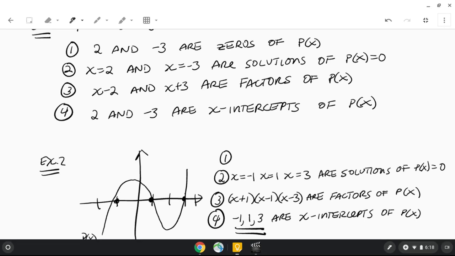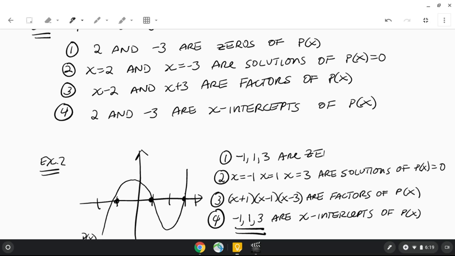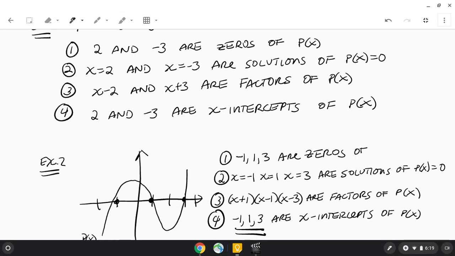Okay. And so the zeros, the solutions, and the x-intercepts are all the same thing, right? So we can say negative 1, 1, 3 are zeros of p of x.